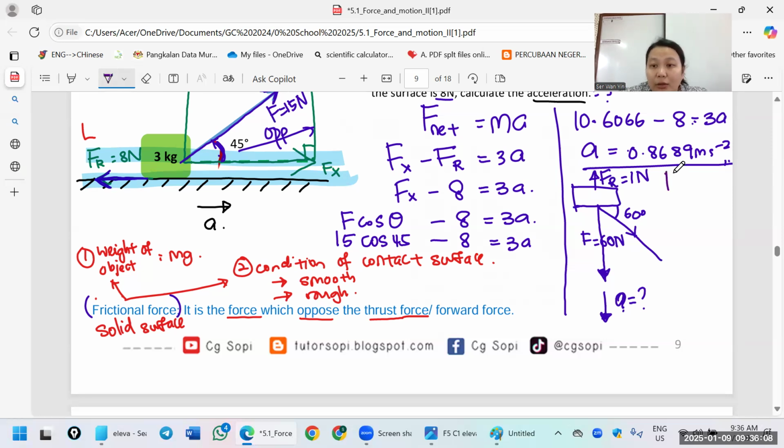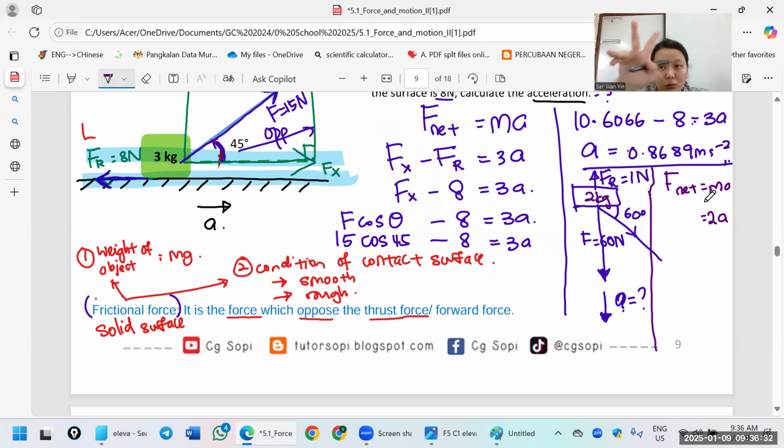Okay, so now it will be net force equals MA. I forgot to give you mass. Let's say mass is 2 kg, so 2A. Then what is net force? Can anyone tell me how to write my net force?